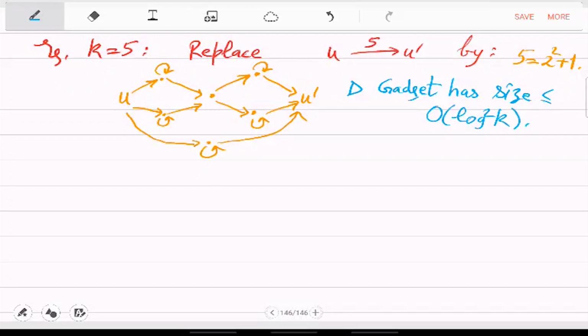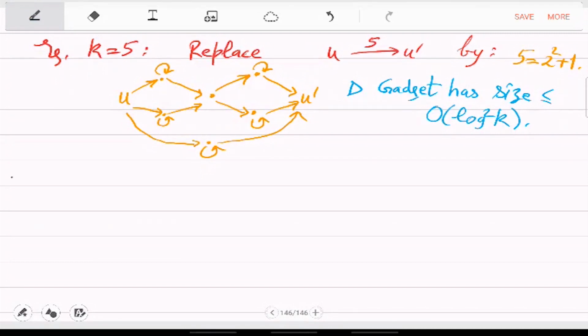Log k is the number of bits when you write k. Just check that there will be a certain blow up, but it's only quadratic, not super quadratic. In this doubling, we are making copies, so that is log k times log k.